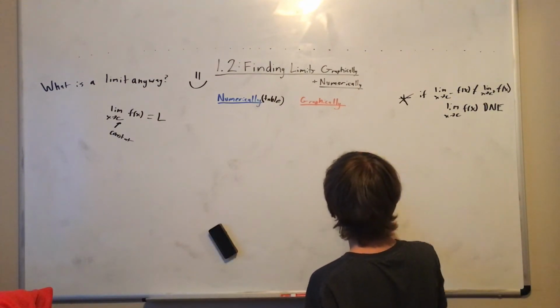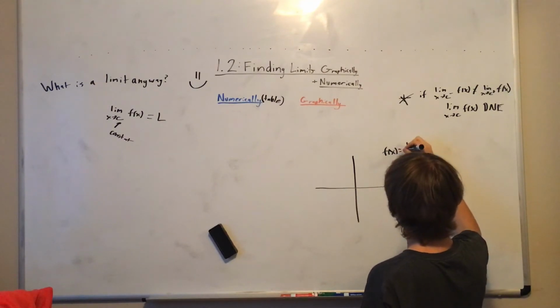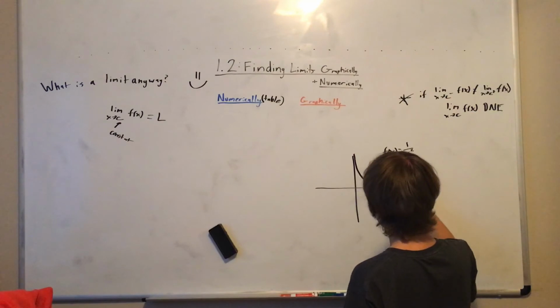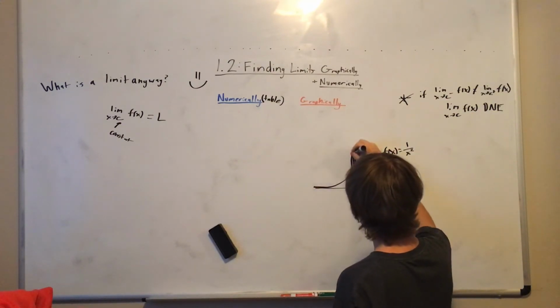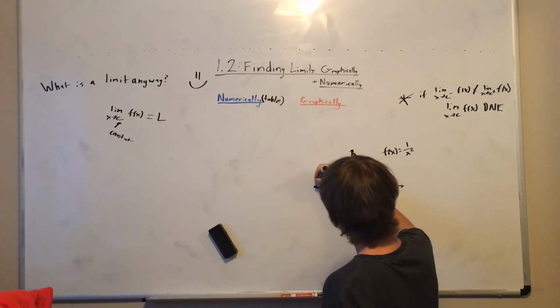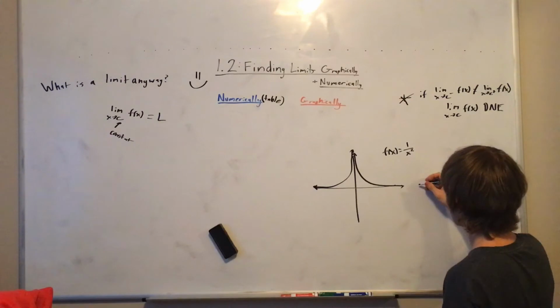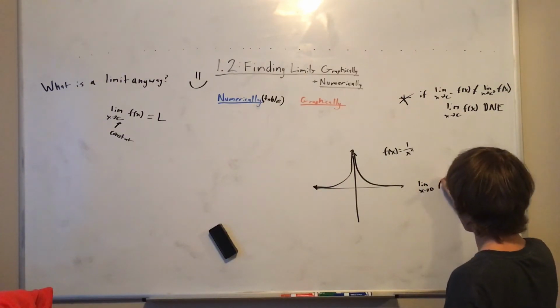What if I drew the graph of f of x is equal to 1 over x squared? That's going to look like this. Going to have one like that, one like this. So what if I told you to find the limit as x goes to 0 of f of x?